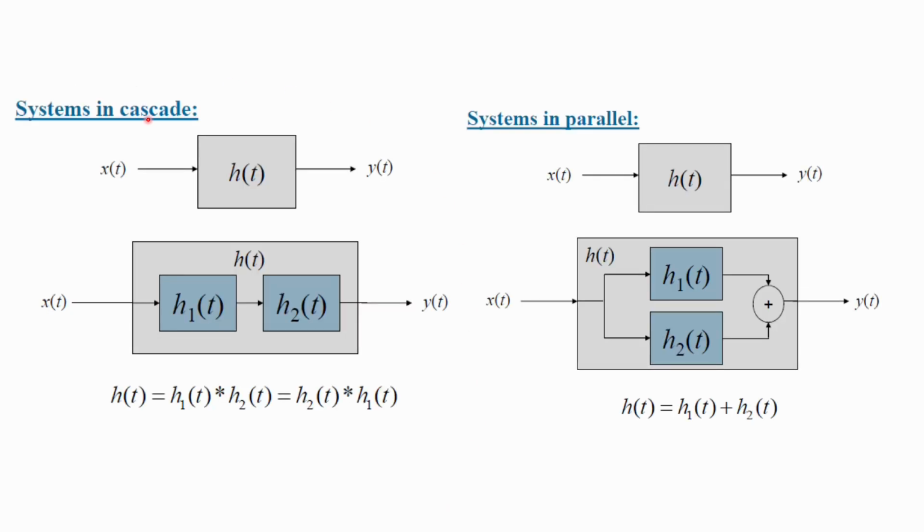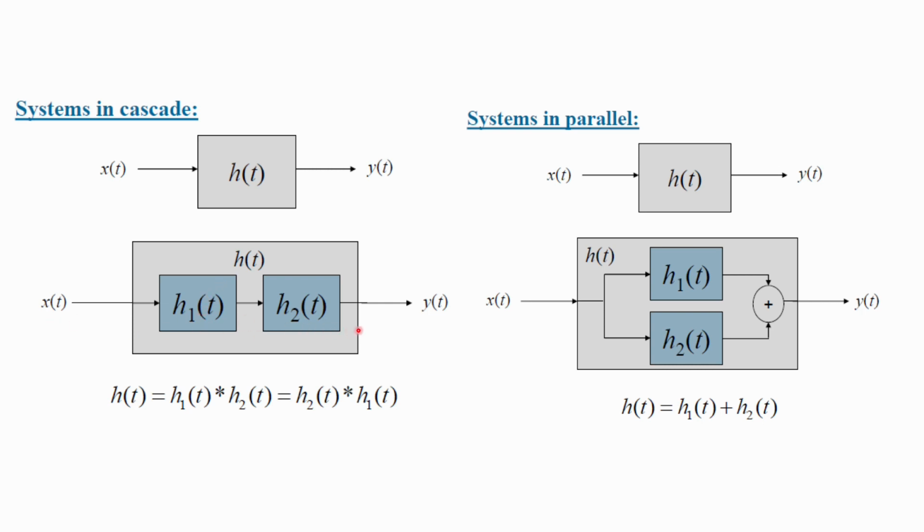Next, this is also a property: if we connect two systems in cascade or series, how the convolution process is obtained. If two systems are connected in series or cascade, this is h1 of t and h2 of t.